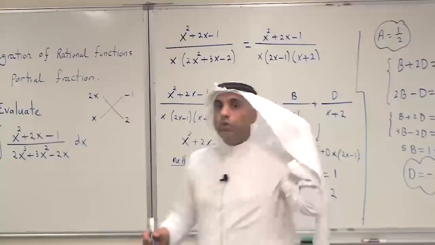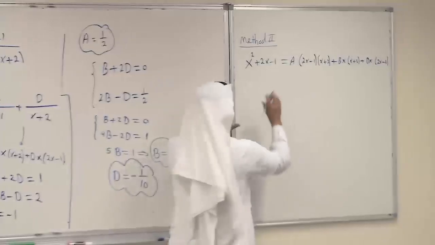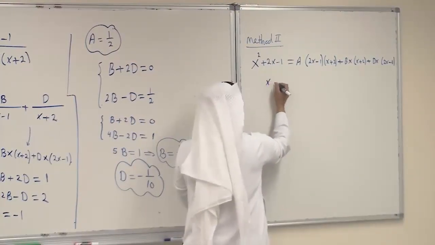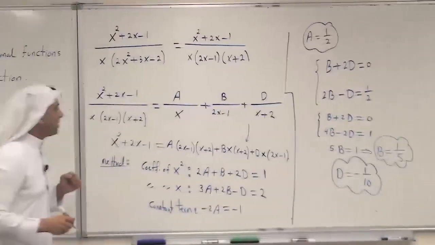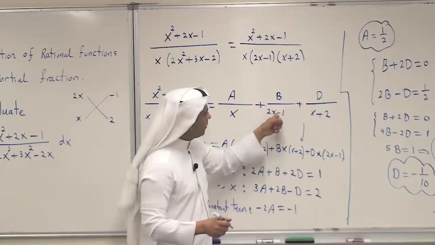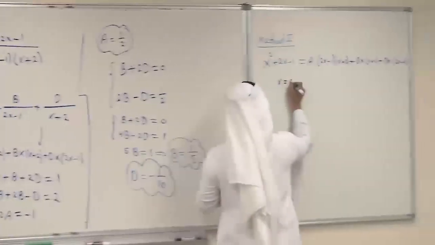Okay, how to get A, B, and D alternatively? Choose some specific points, key points. Use key points. So what do we need to choose here? We need to choose the points x equal to, look, 3 points of interest here. x equal to 0, the 0 of x, x equal to 1/2, and x equal to minus 2. So if you substitute 0, what do you get?